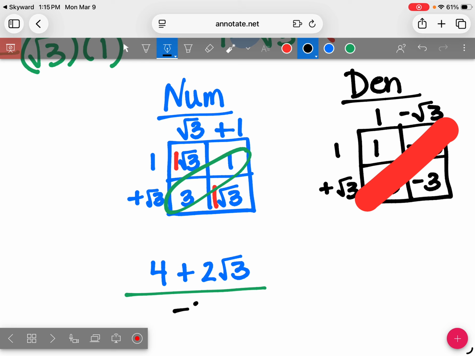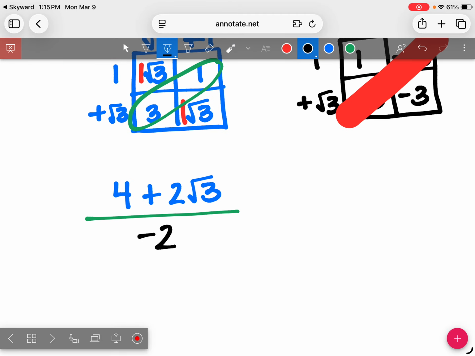Negative 2. If you made it down here, I would be so proud of you, but I would still take off a point because you can simplify it a little bit more. So what this is going to break down to is 4 plus 2 root 3. We're dividing both of these by negative 2.